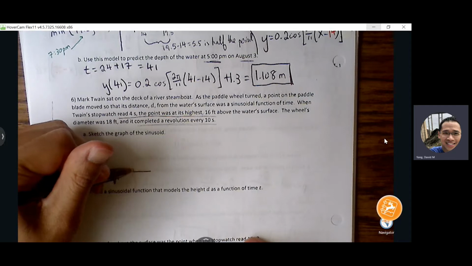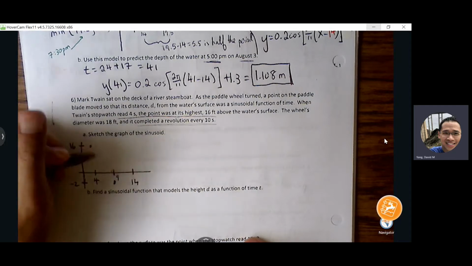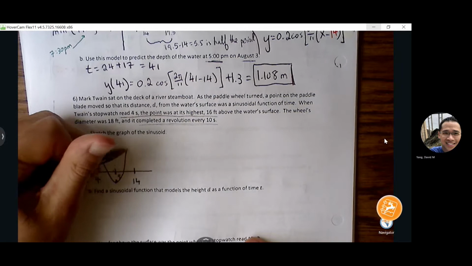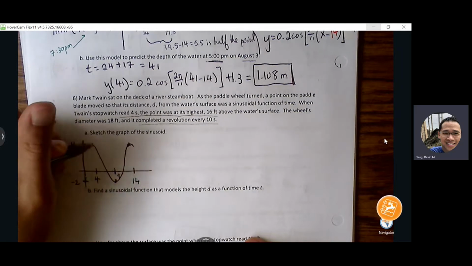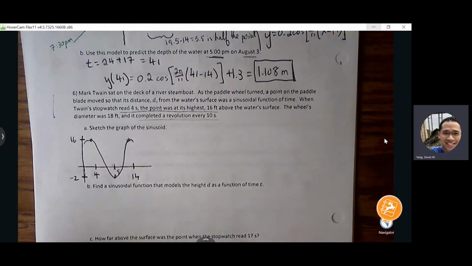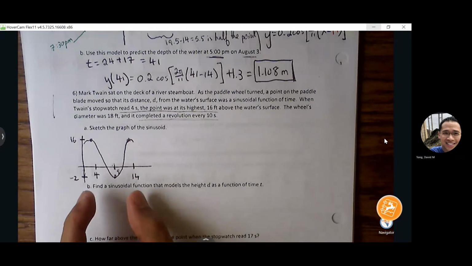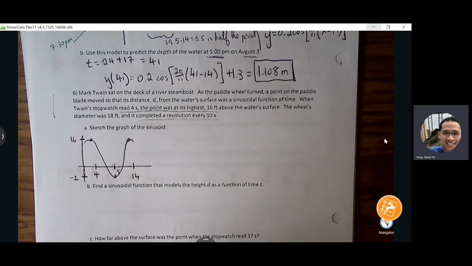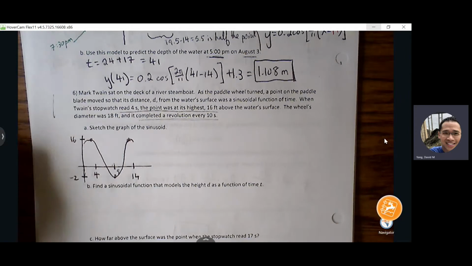And we know it's going to take 10 seconds for it to complete its cycle, so we know 9 is the halfway point. Okay, does that make sense? 10 seconds, max 16, minimum -2. So how do you know that it's going underwater?